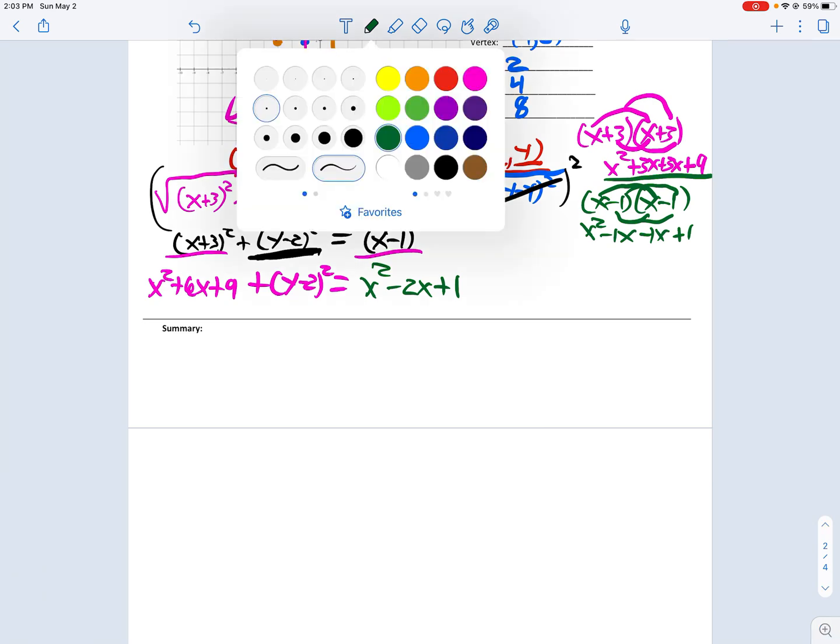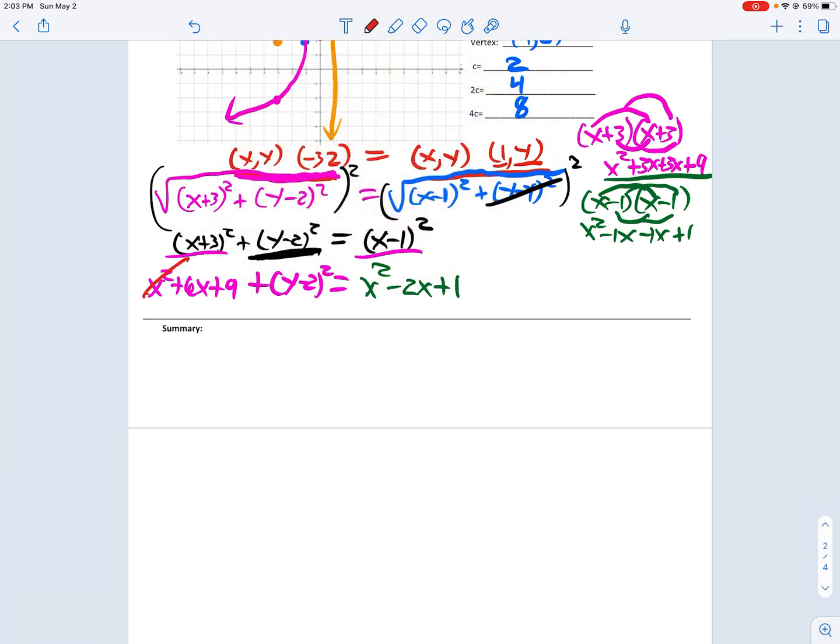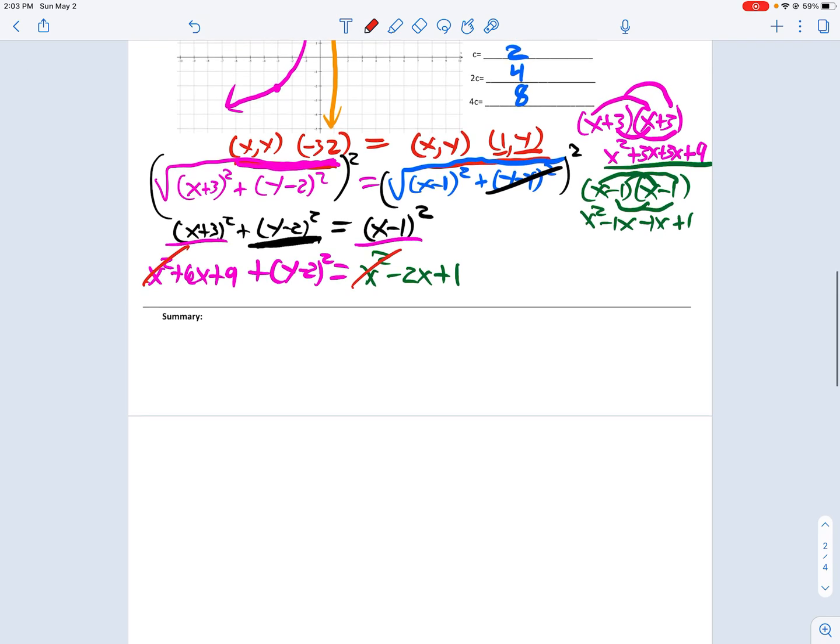Okay, so looking kind of good, right? The x squares are going to reduce. Whatever we can... I don't know. Let's see. Subtract 1, and then, well, let's subtract 9, and let's subtract 6.